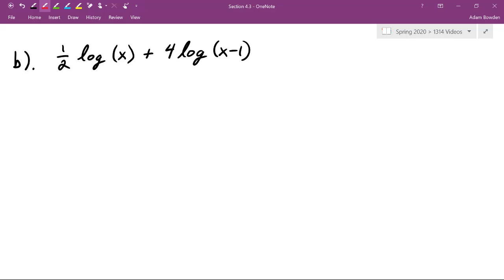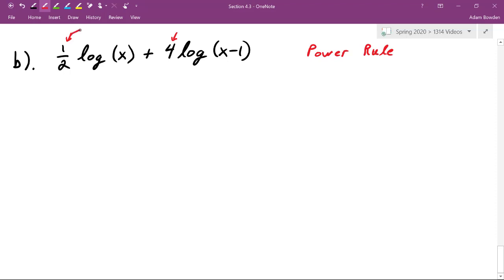Here's another situation where we're going to condense the logarithms back together again. 1/2 log x plus 4 log x minus 1. So notice how we have these numbers in the front of the logarithms. The power rule is what allowed us to put numbers in front from the inside of the logarithm.